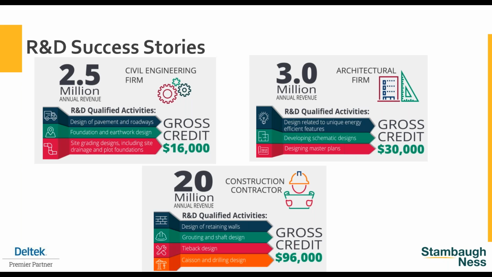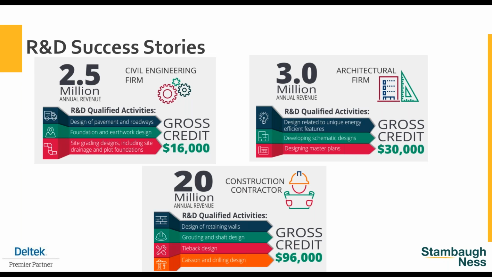And to that end, we thought we would start today by sharing a couple of success stories that we've had with clients that we've worked with over the years. We just want to give you a flavor that the credit's really for everybody, regardless of your size. Our first two examples are a civil engineering firm and an architectural firm that are relatively small, $2.5 to $3 million in annual revenue.